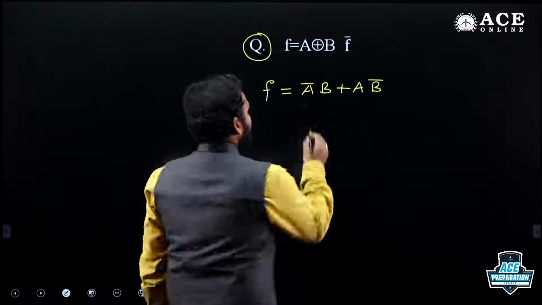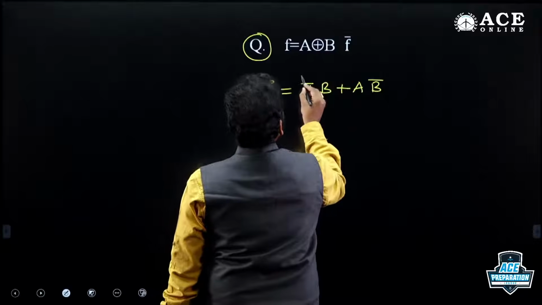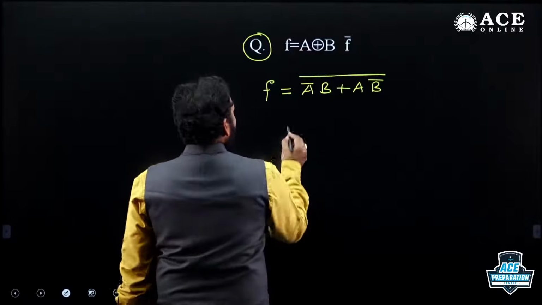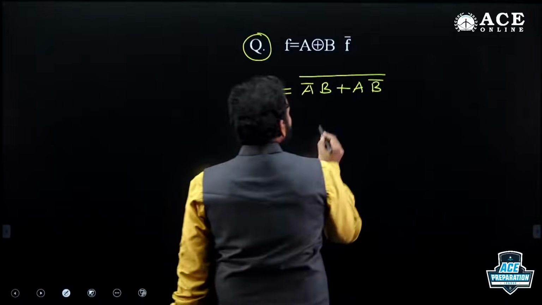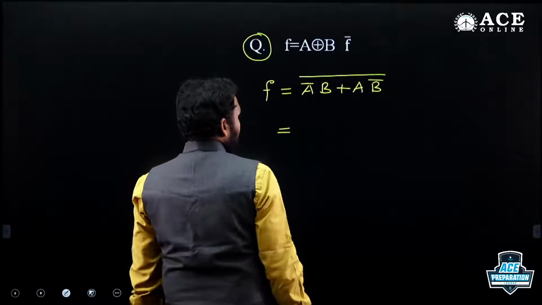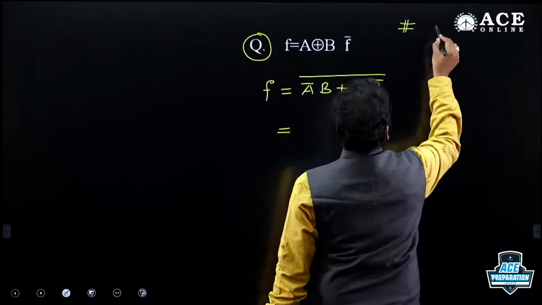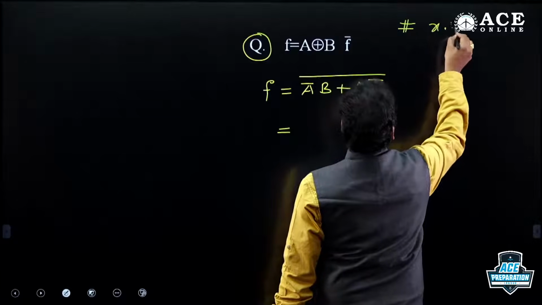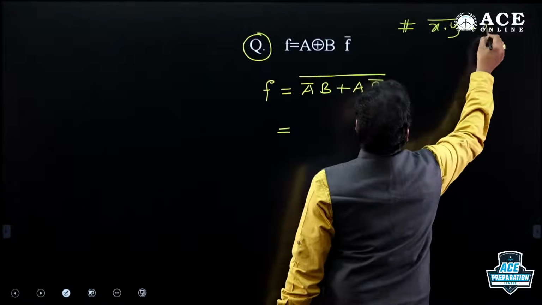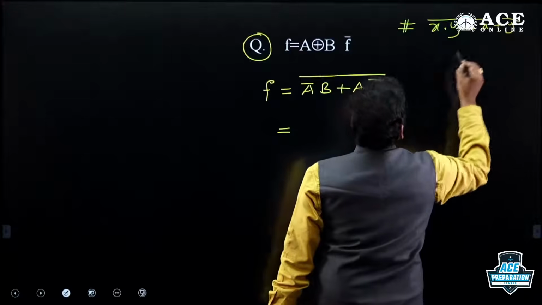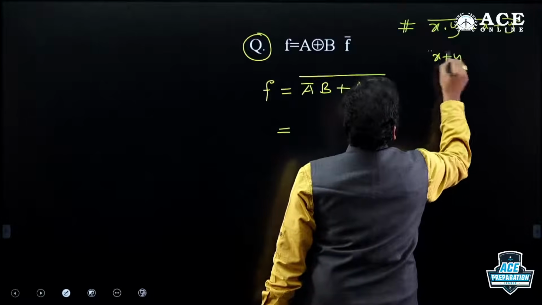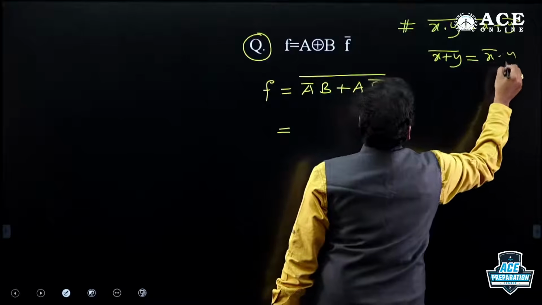Let me prove it. It is XOR operation, F bar. Let me take its complement and apply De Morgan's theorem. We should know De Morgan's theorem at least. Of course, you people may be aware of that. Let me take x dot y whole bar. You can write it as x bar plus y bar. x plus y whole bar, we can write as x bar dot y bar.